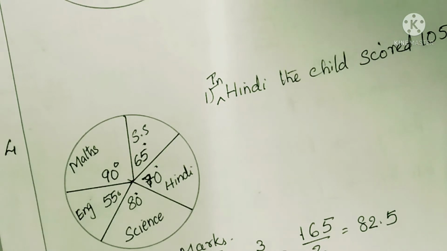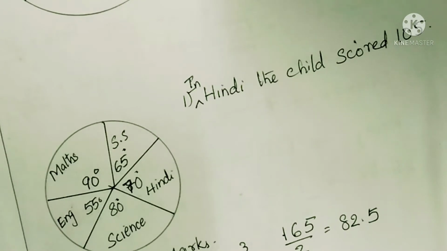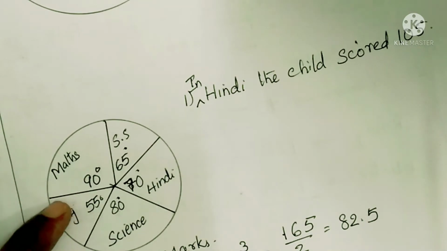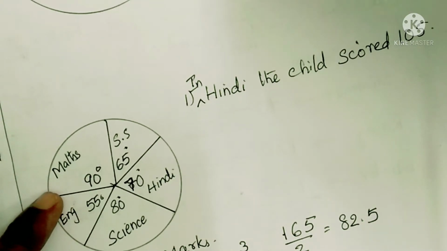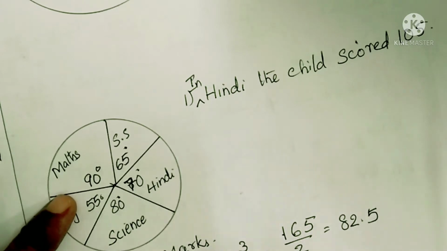Now the next question is, how many more marks were obtained by the student in mathematics than in Hindi? So what is the mark in mathematics and Hindi? In mathematics the child got 135 and in Hindi the child got 105.